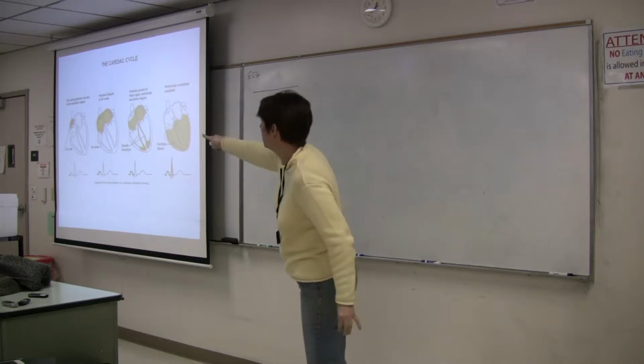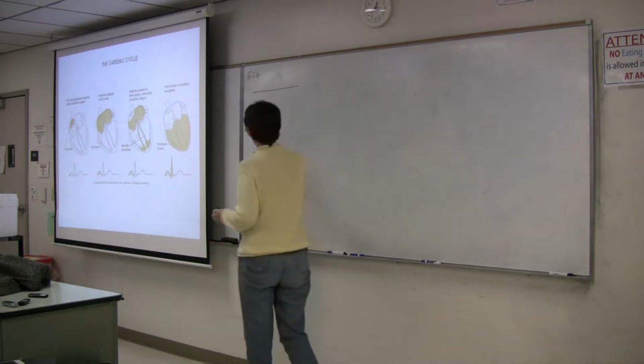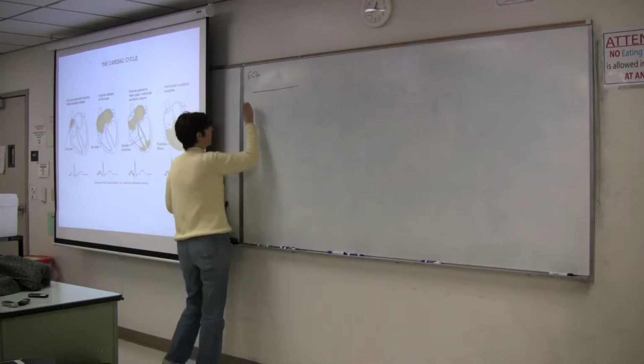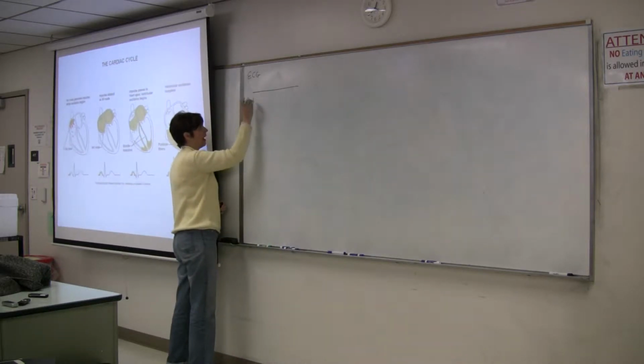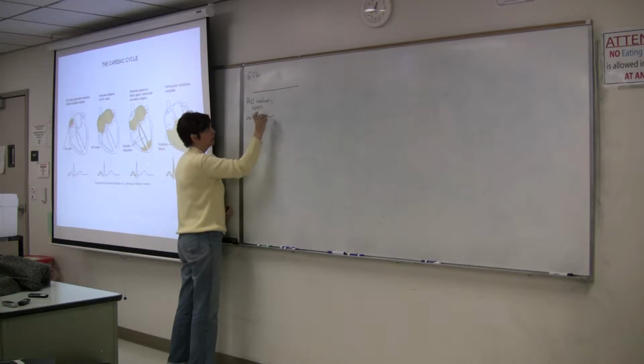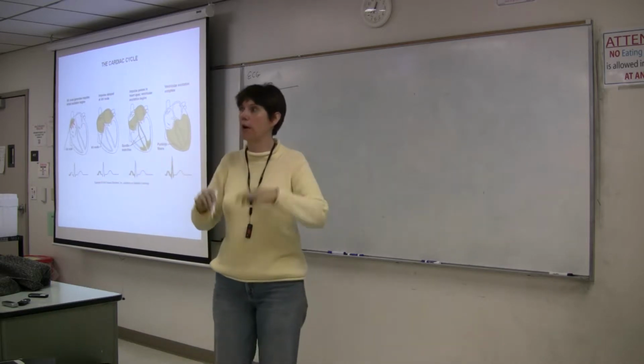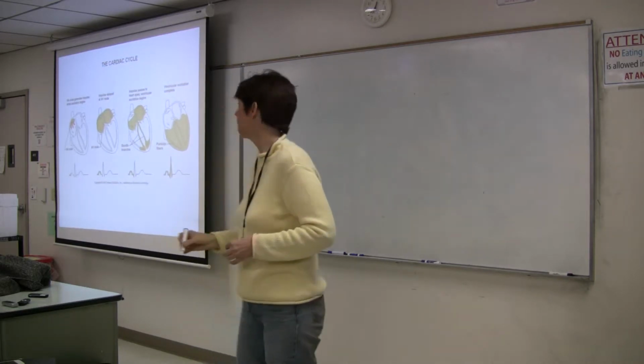So we're on the far left of the diagram, just slightly before the SA node fires. At this time the atrioventricular valves are open, and we have what's known as ventricular filling. Okay, while the heart is at rest, blood is continuing to flow into the ventricles.